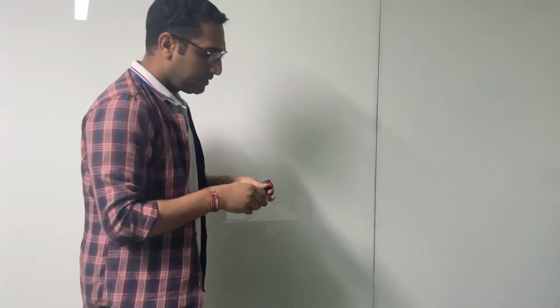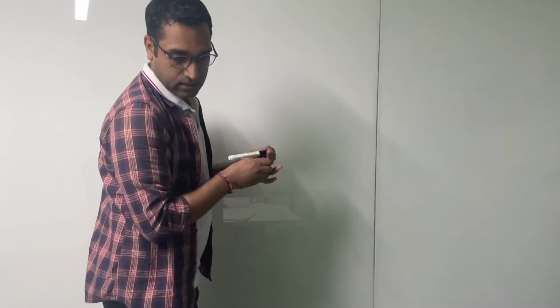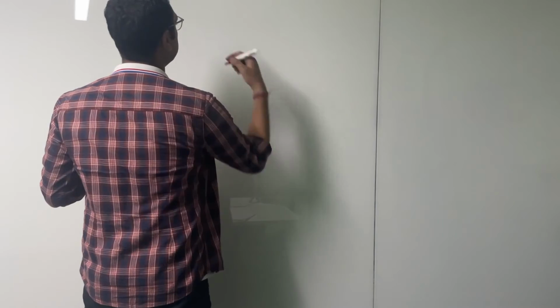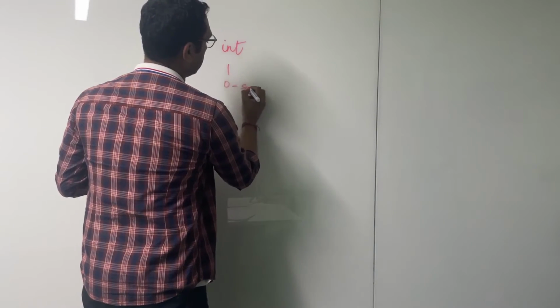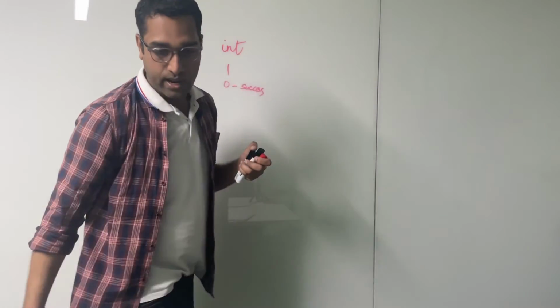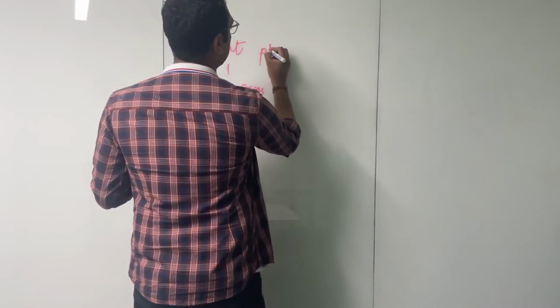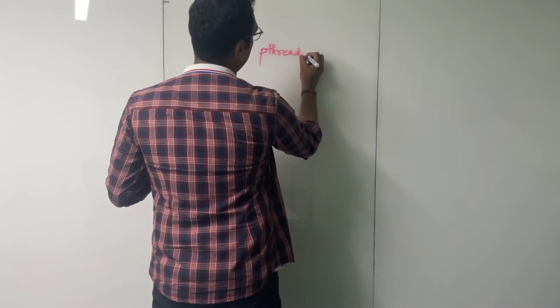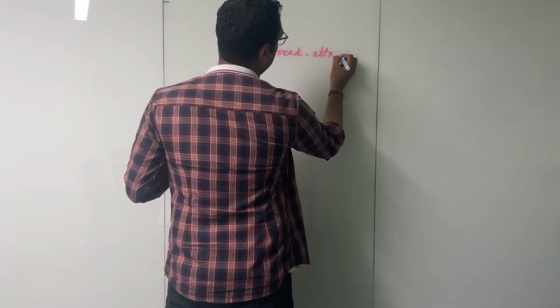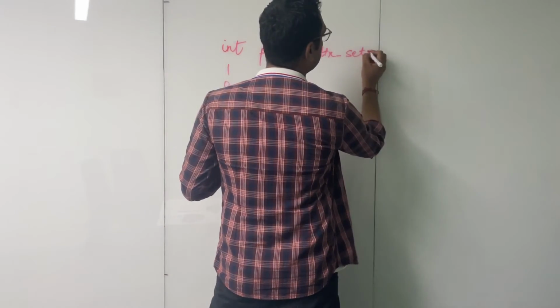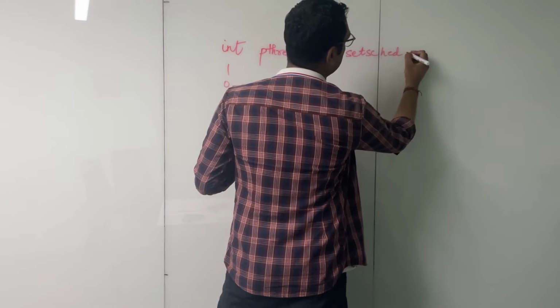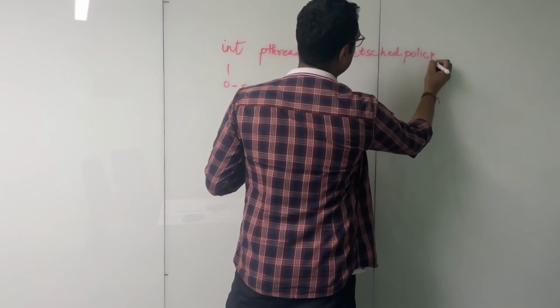So the API is, again, the return type is of course int, 0 is success, and pthread_attr_setschedpolicy.